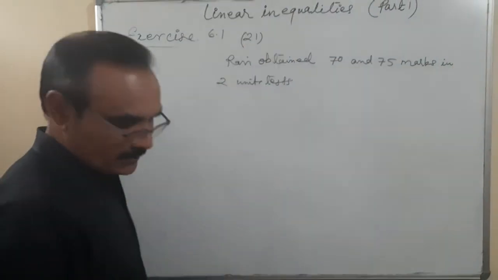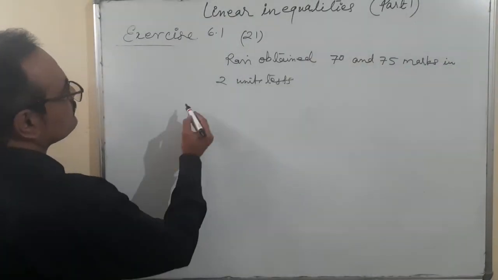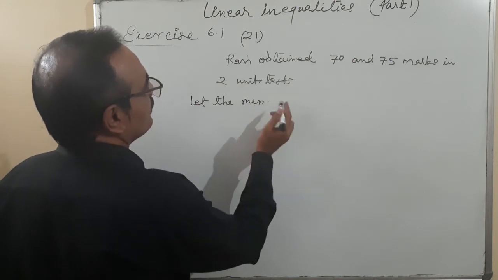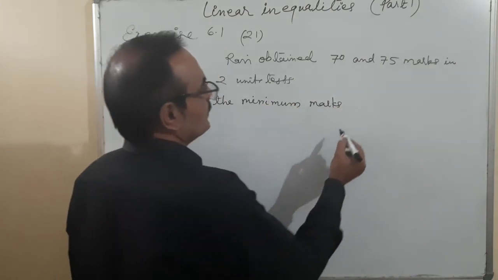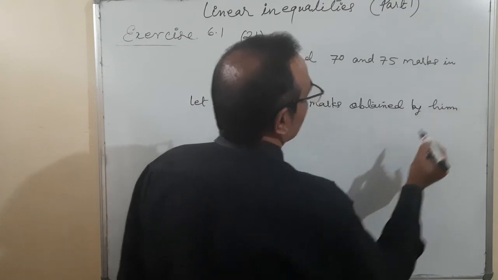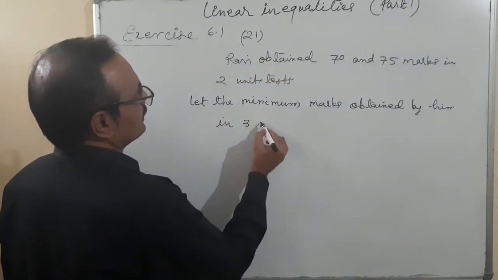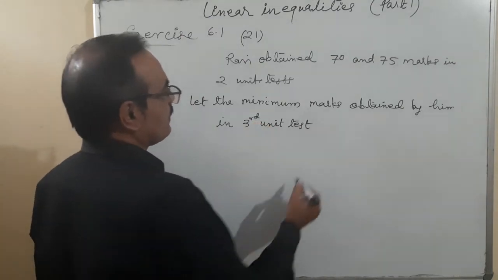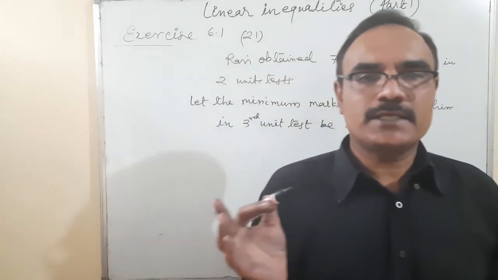So let the minimum marks obtained by him in the 3rd unit test be X. 70, 75, and in the 3rd unit test he is obtaining X marks.